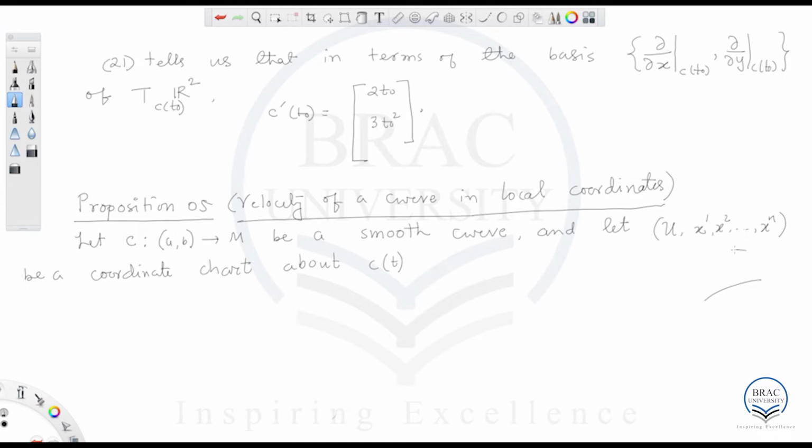This is the manifold, okay, and this is C of t, which is a map from this open interval a comma b in the real line to the manifold M, and I want a chart that contains this curve, something like this. This is the open set U containing C of t.